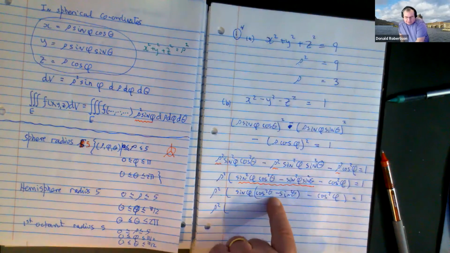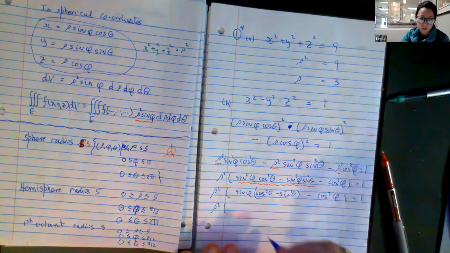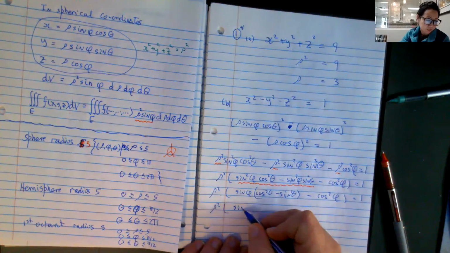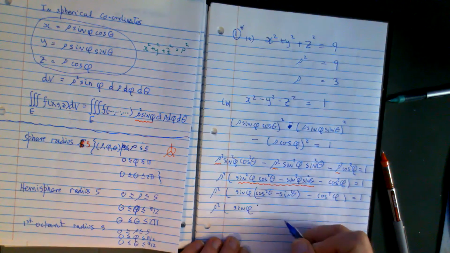Okay, get the cobwebs dusted off. Cos squared theta take away sine squared theta. It's not 1, but what is it equal to? When you factored it out, wouldn't it be the sine squared of rho?